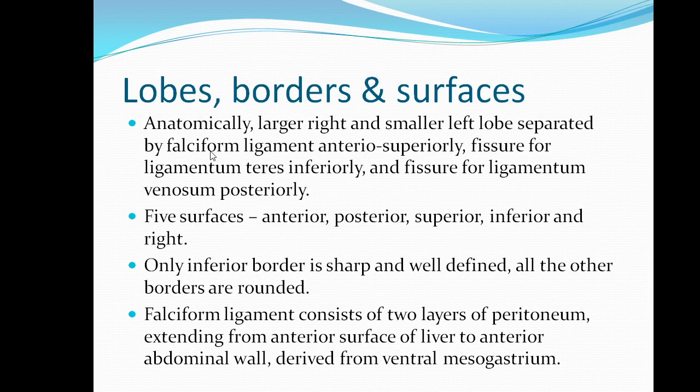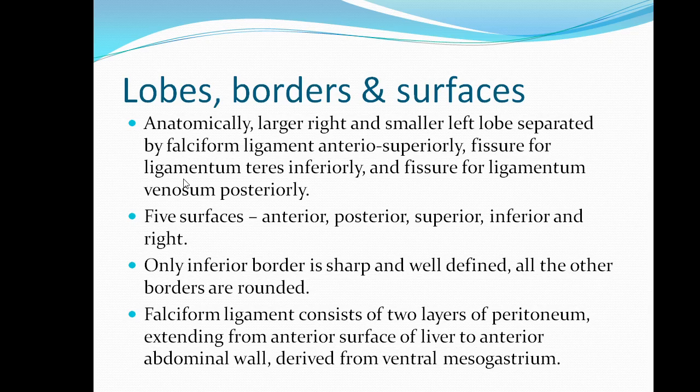Now, coming to the lobes, borders and surfaces. Anatomically, the liver has two lobes, a right and a left. The right lobe is larger and the left lobe is smaller, and they are separated on the anterosuperior surface by the falciform ligament.